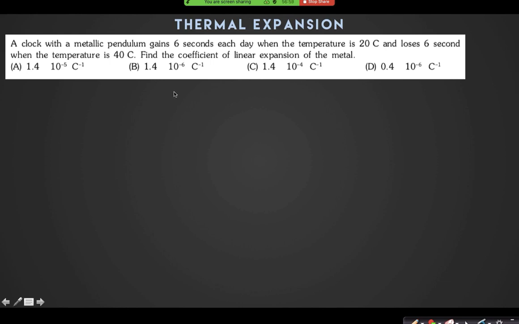Suppose, let us assume the clock shows the correct reading, or correct time, at T degrees Celsius.